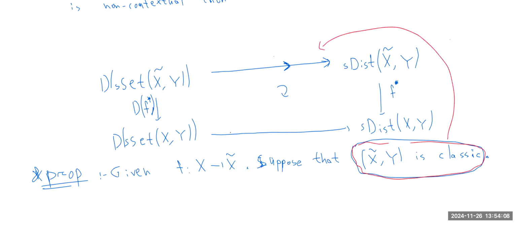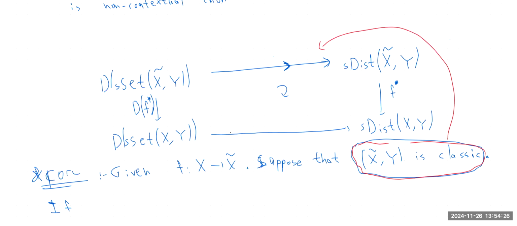Then if this is classic, this is actually a corollary from what we said before, right? It's not even a new proposition, only a corollary.